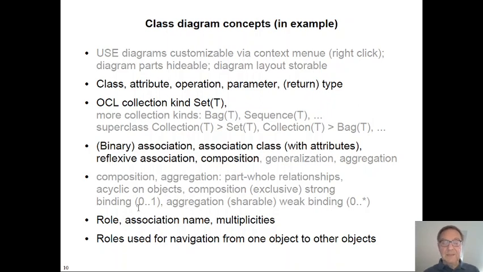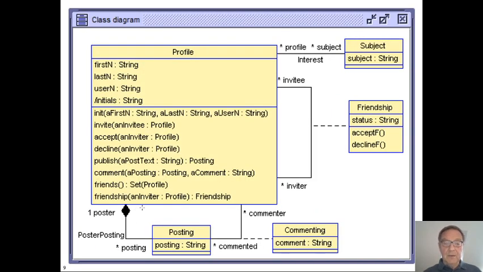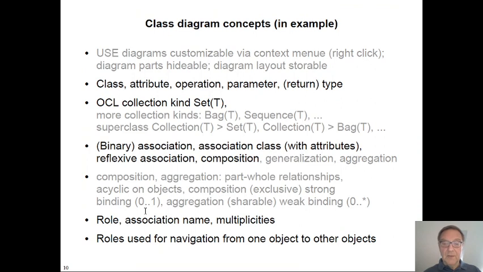And that means on the whole side, there is either the multiplicity 1 or the other option, the multiplicity 0..1. We will see more examples for composition, aggregation and part-whole relationships later. This will be a special discussion point.